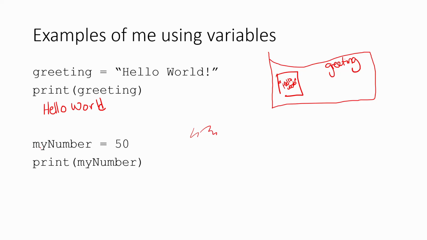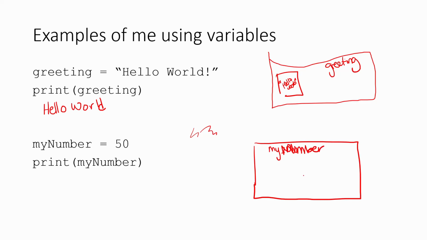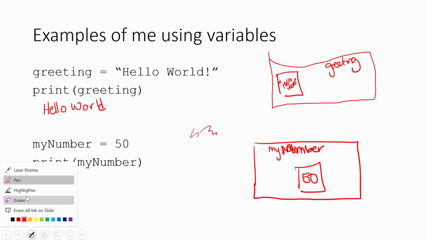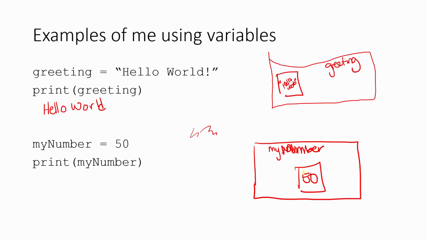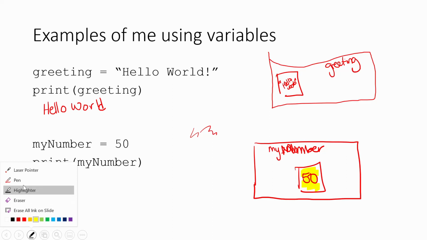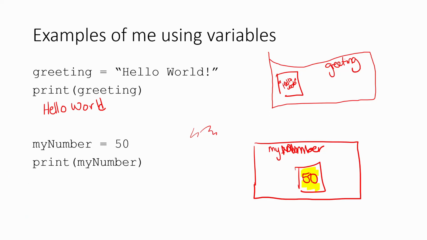Now, I've also made a my number. So what we're going to do is make ourselves our named memory box, our baggie, and we called it my number. Notice there is a capital on that N, and then we've assigned it the value 50. Now, keep in mind, since this is a number, we're going to correlate that sticky note to be yellow because of it being a number.